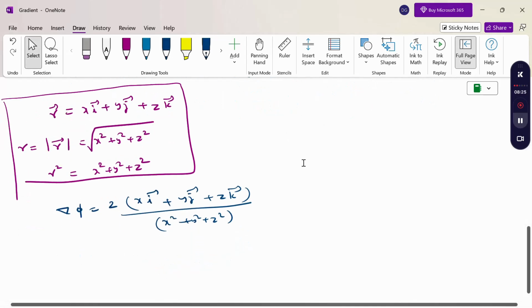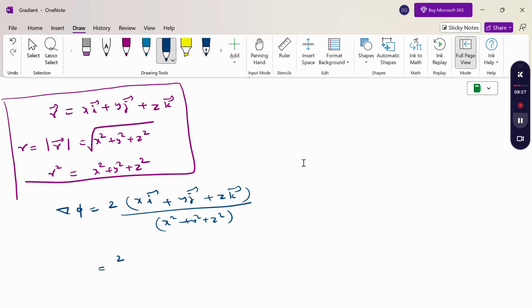Now 2 into (x i vector plus y j vector plus z k vector) is nothing but r vector, and x square plus y square plus z square is nothing but r square. So this is the value of del phi.